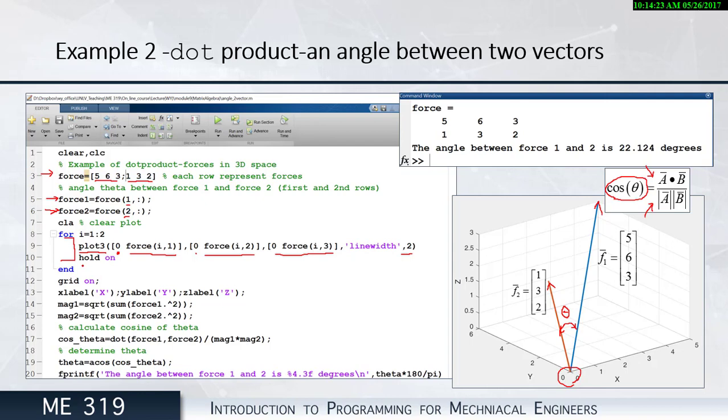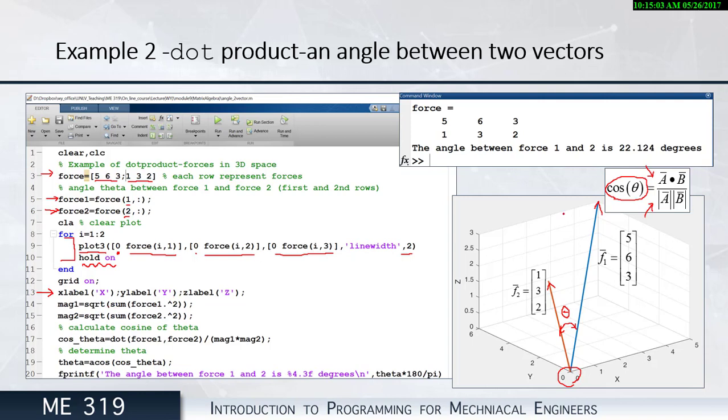Please note that I used the hold on command to plot the first vector, force 1, and then the hold command will hold the previous vector 1 plot, then the vector 2 plot is added on it. So this is a good review of your plot3. And next we just added grid and the labels.